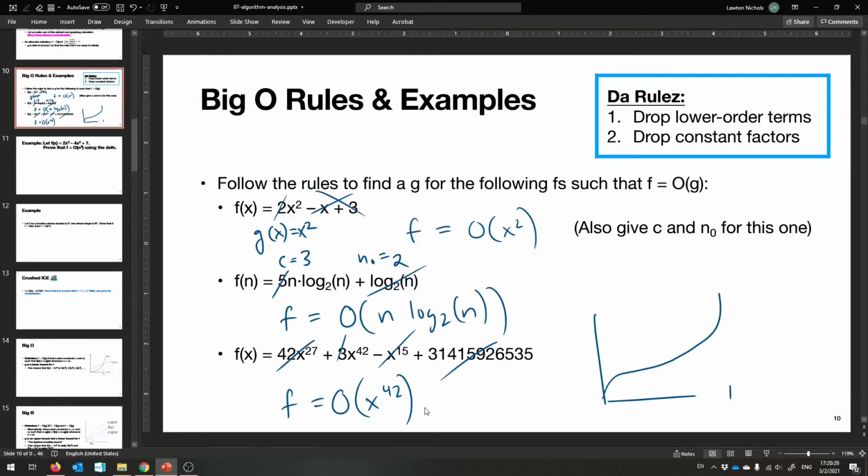And trust me, you can go and find n naughts and c values to make this work, I swear. Okay, that's the reason big O is a thing. It's a lot easier to talk about this function than to talk about this function, but for all intents and purposes, they're the same. They are related. They're all in this equivalence class. Several functions are in it.